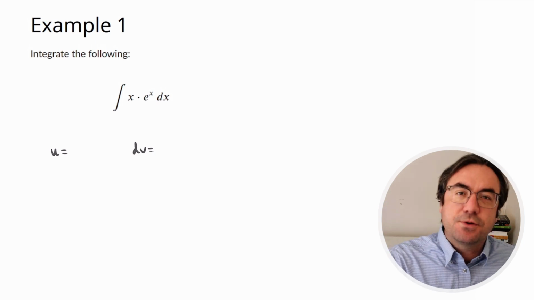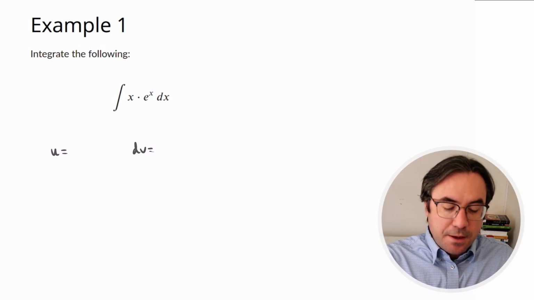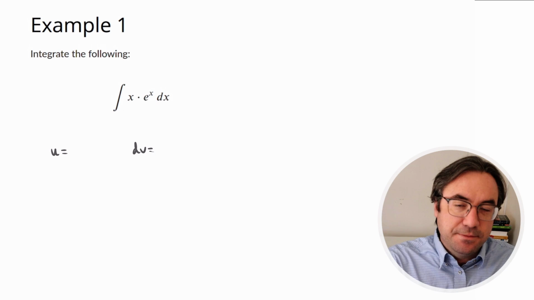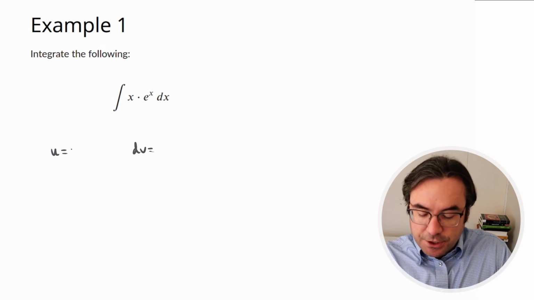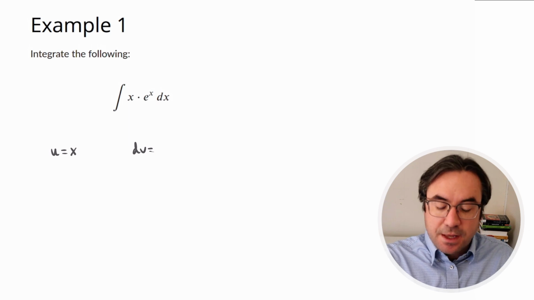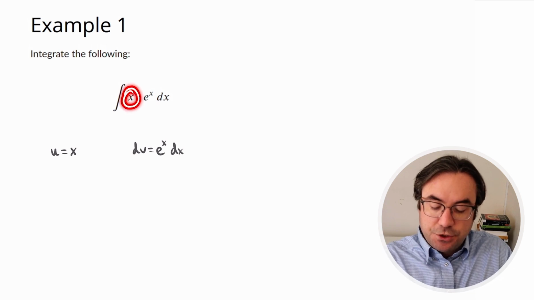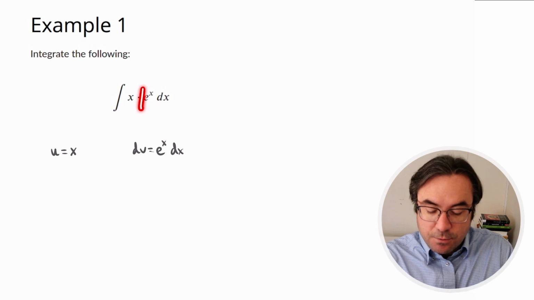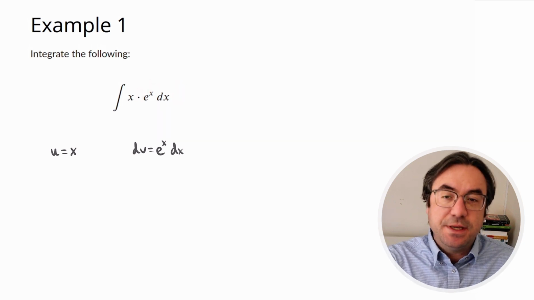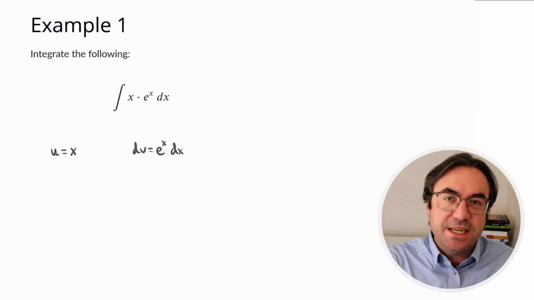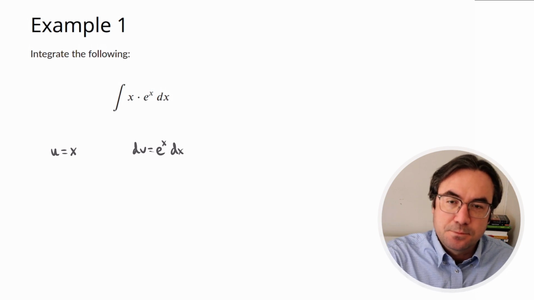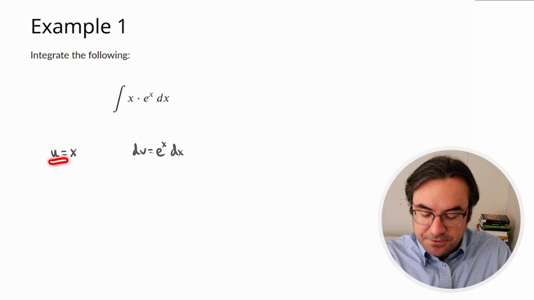We'll go into the strategy on how to do these things, but for right now, we're going to choose u to be x, and we're going to choose dv to be everything else in our integral, the leftover terms, the e to the x dx. Okay, so that's the first step.